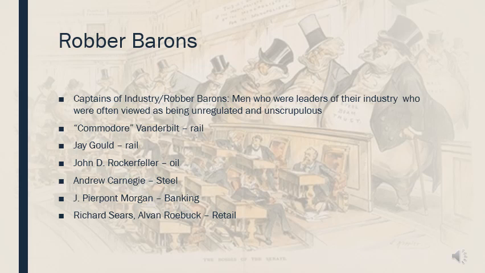Or Andrew Carnegie, who is a self-made man. He was an immigrant from Scotland, and he too, like the Commodore, was able to consolidate a lot of his business interests and make a ton of money capitalizing on a new industry of making steel.